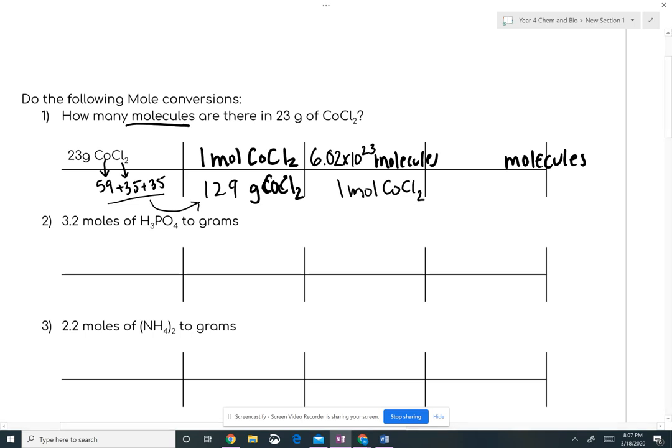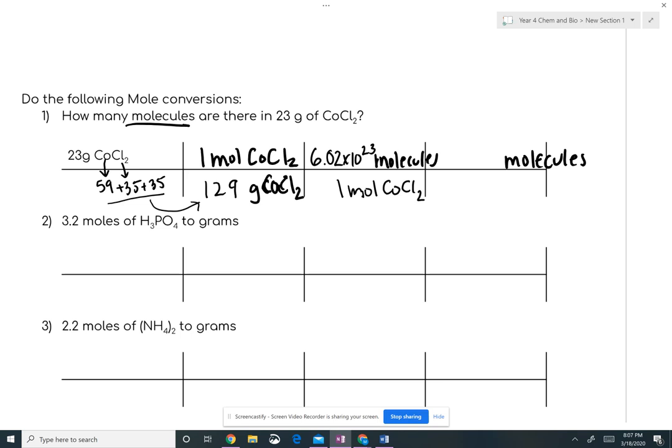Then I'm going to go ahead and divide those things and multiply them by 6.02 times 10 to the 23rd. So I'm going to do it on Desmos because Desmos is probably the way to go with this. So I'm going to go 23 times 6.02 times 10 to the 23rd, right? And when I do this, I should get that.